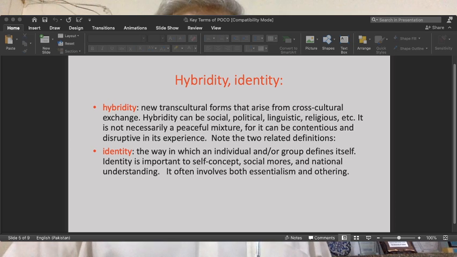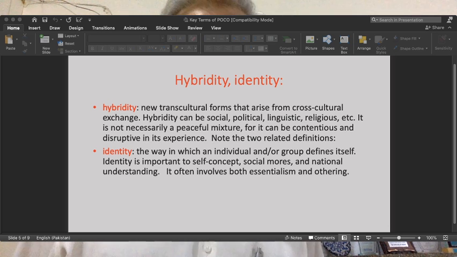So in that way, hybridity is the product of two cultures, that is cross-culturalization. When two cultures collide together, some parts of one culture are exchanged with the other, and as a result, a third culture emerges, which is called hybridity. Hybrid culture comes out, and the situation is called hybridity.